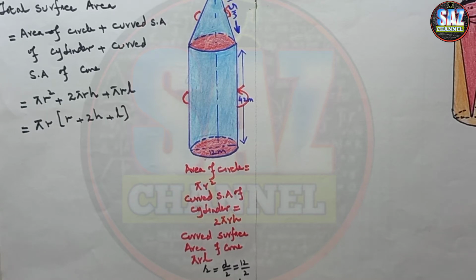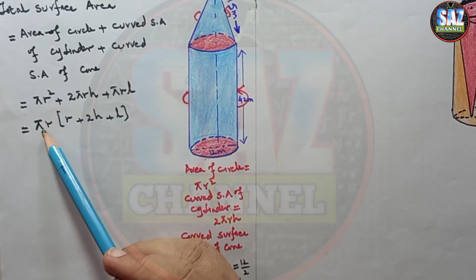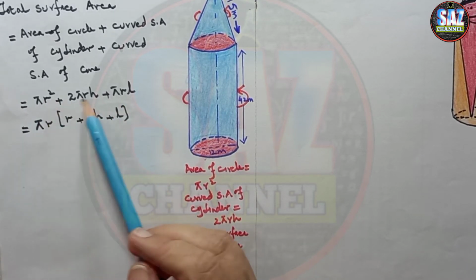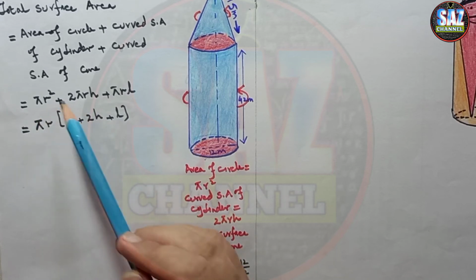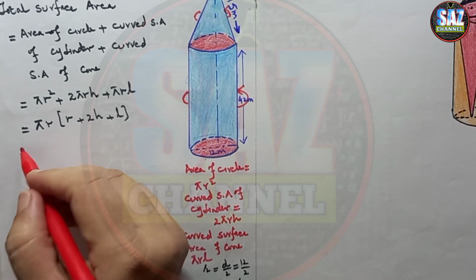Instead of replacing the value of pi in every part of the question, it's better to extract pi and the other common factor, and now replace the values of pi and r.